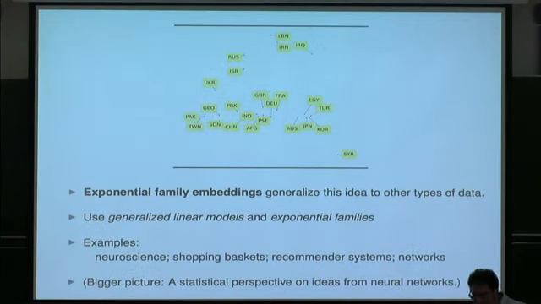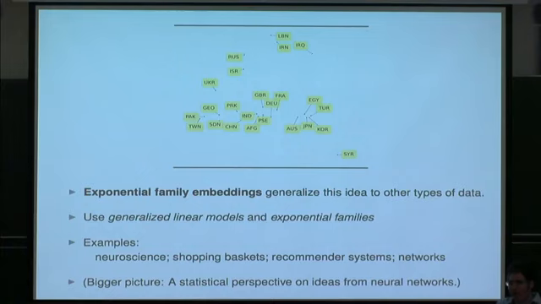So what I wanted to do, this is work with my student Maya and postdoc Fran and Stefan, is generalize this idea to other types of data. The idea that word embeddings are doing cool things, interesting things, but what if we wanted to apply it to other kinds of data, like network data or other types of data? And what we did was the classical thing, use generalized linear models and exponential families.